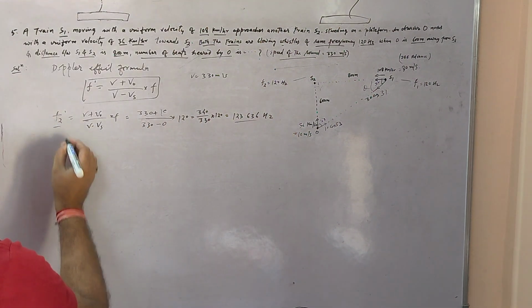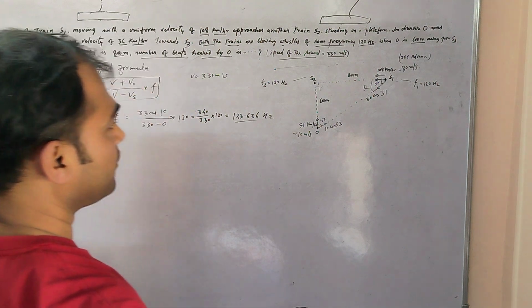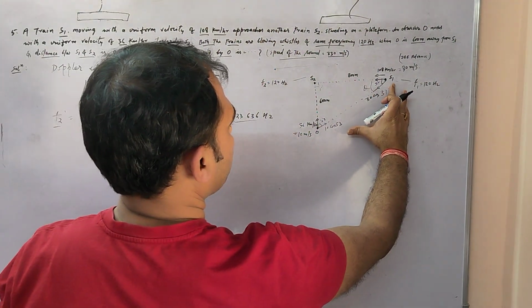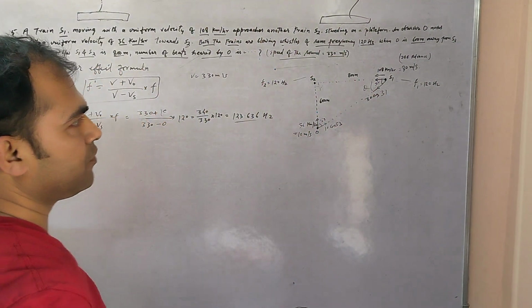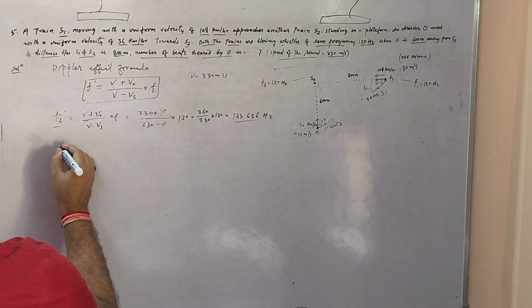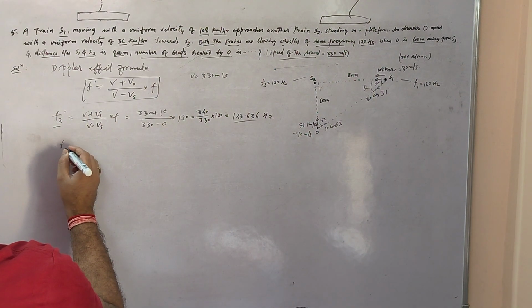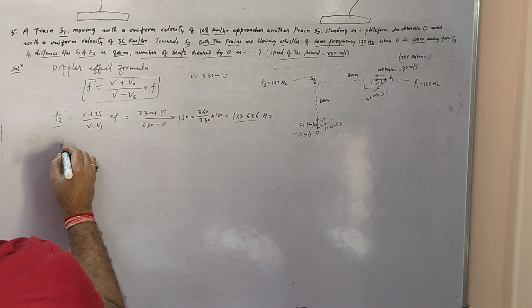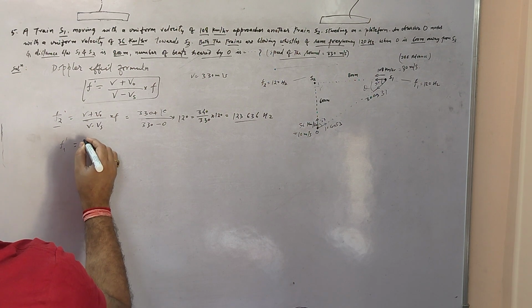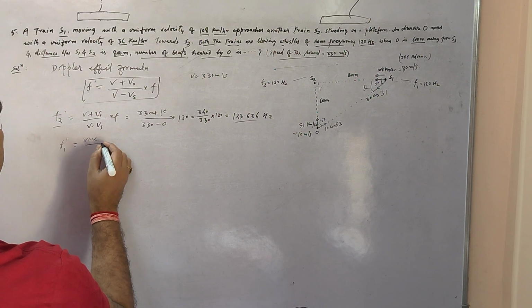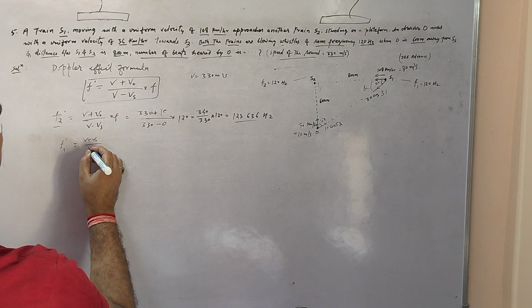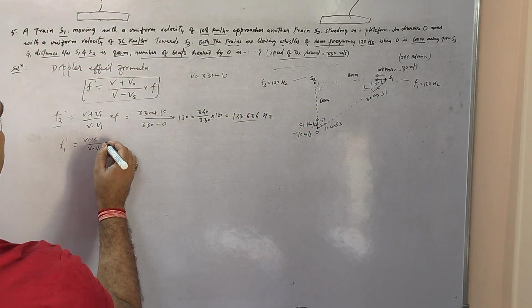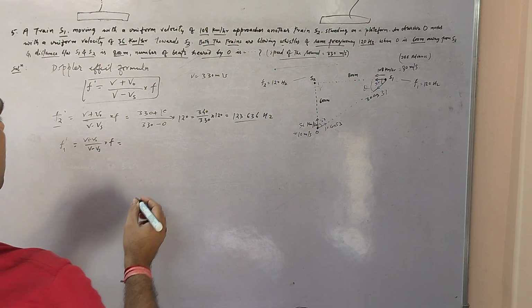Okay. Now what will be the observed frequency from S1 by O? Again use the above formula. F1 dash will be equal to V plus VO upon V minus Vs into F. What is V?